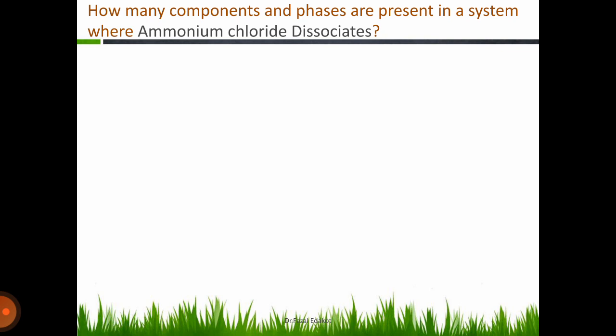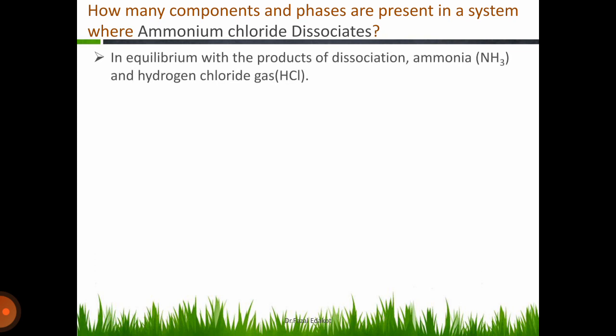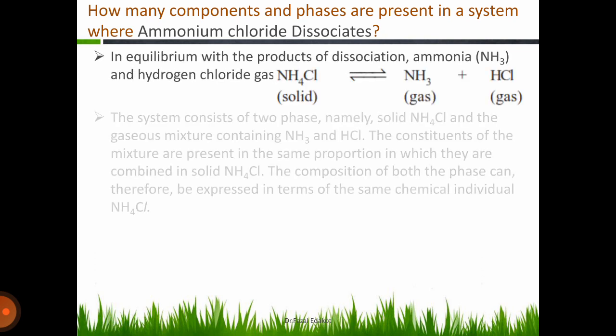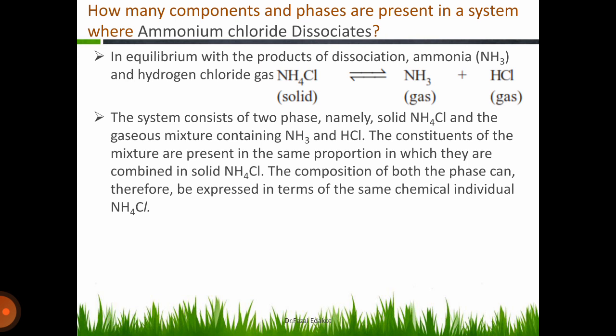Whereas here you have 2 gas phases, HCl and NH3, when it dissociates. The system consists of 2 phases, namely solid NH4Cl and the gaseous mixture containing NH3 and HCl. The constituents NH3 and HCl are homogeneous, so 2 phases.